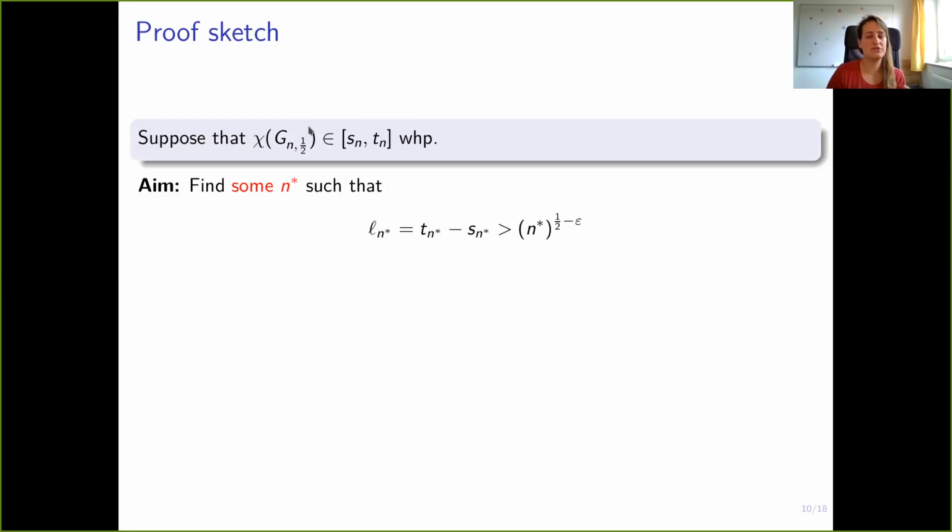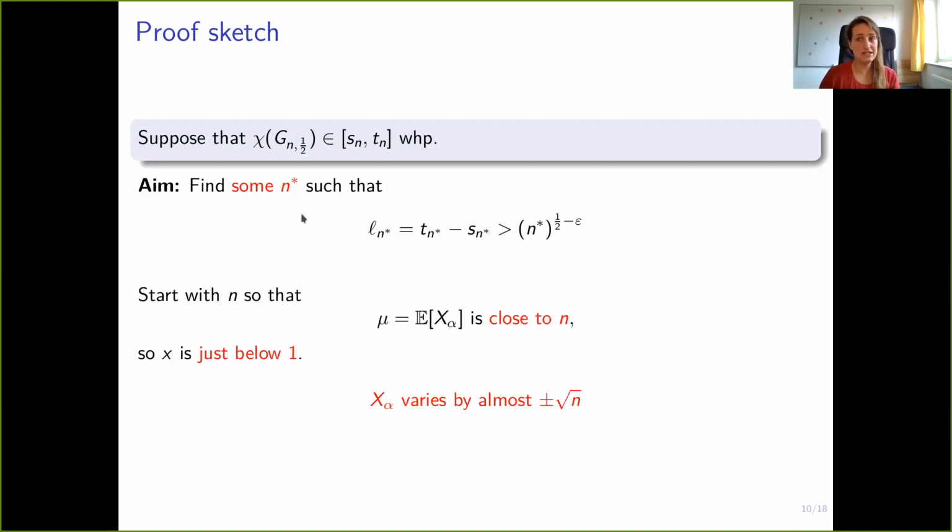Our aim is now to find at least one long interval for any given sequence of intervals that contains the chromatic number of G(n, 1/2). Note that we're only finding one particular n star that has a long interval. We're not showing anything for every n. We're just finding one where it's not too concentrated.